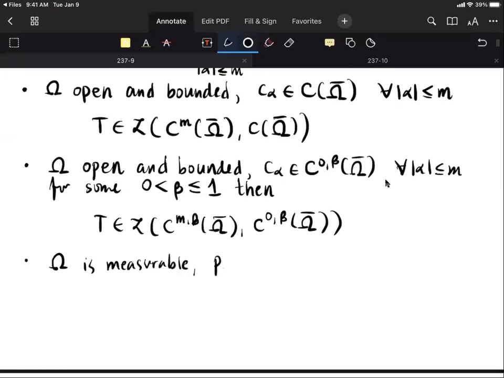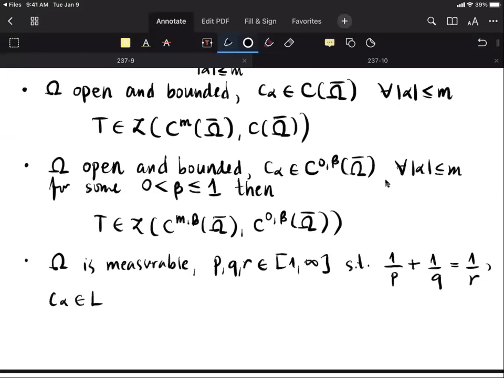We have, let's say, 3 exponents, P, Q, and R, wherein the sum of the reciprocals of P and Q is equal to the reciprocal of R. And now your coefficients belong to LQ for every alpha with length at most m.